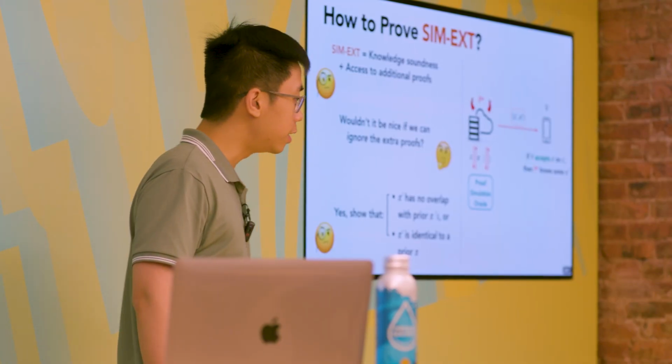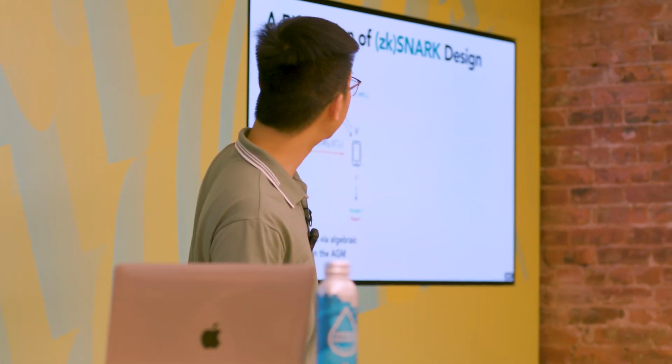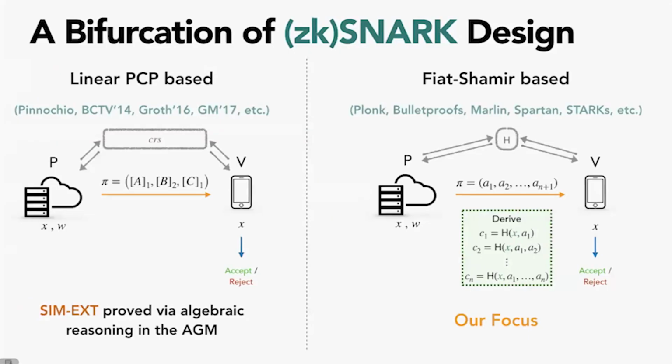So this is basically the template. And instantiating this template is a little different for two separate kinds of SNARKs. So this is a very broad attempt to classify all SNARKs, at least with respect to how simulation extractability is proved. On the one hand, you have SNARKs like Groth16, which are based on linear PCPs. Basically, you have some very long CRS.